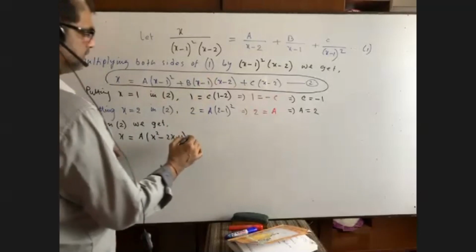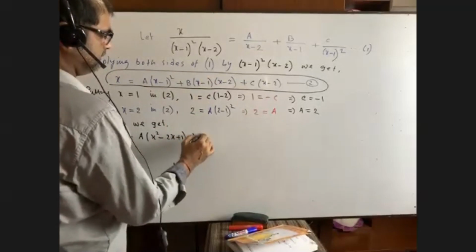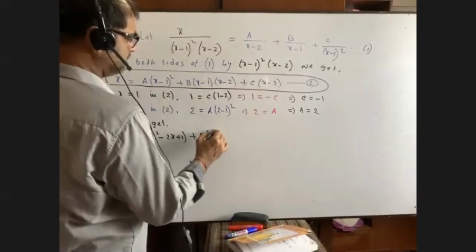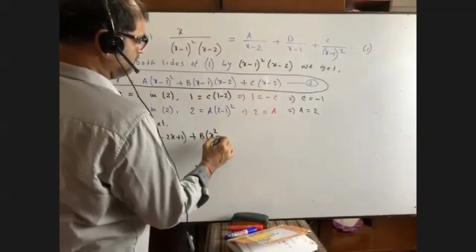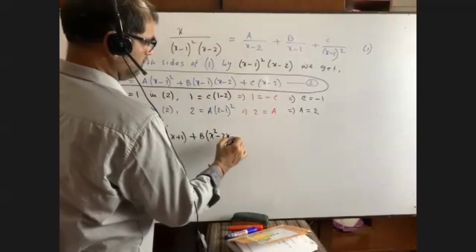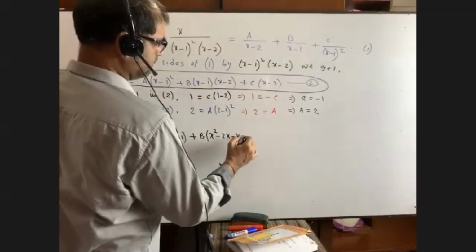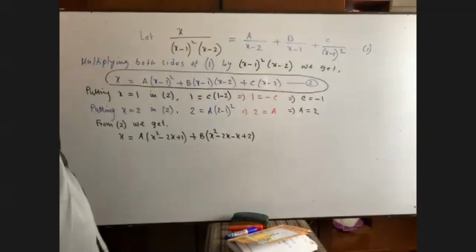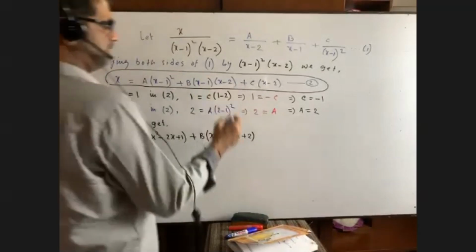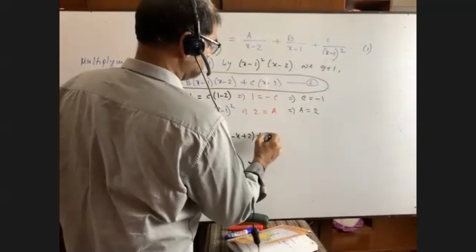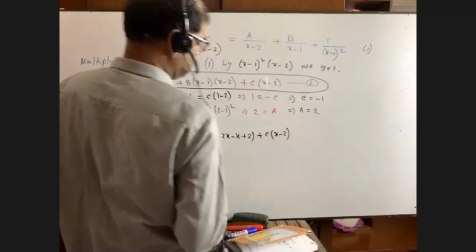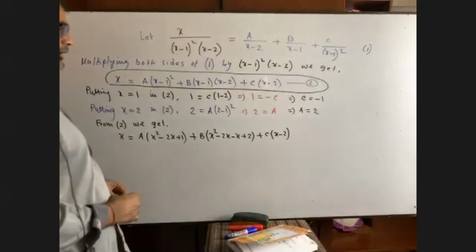Plus B into x square minus 2x minus x plus 2. Here C into x minus 2. Okay.